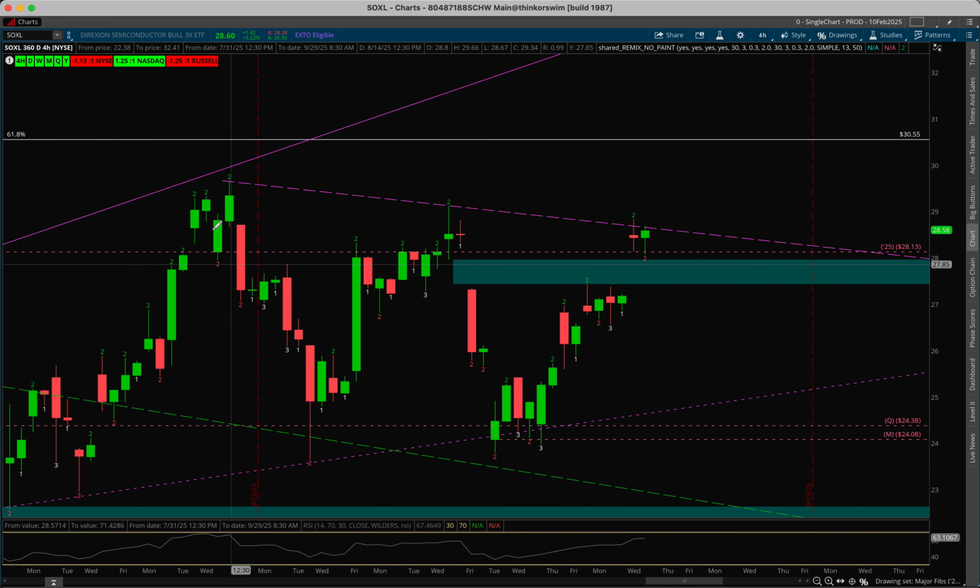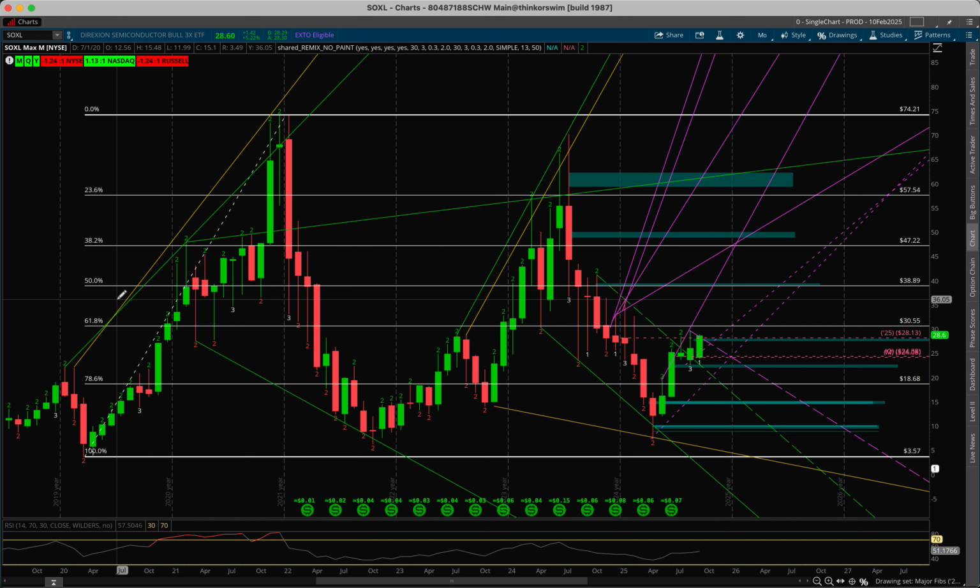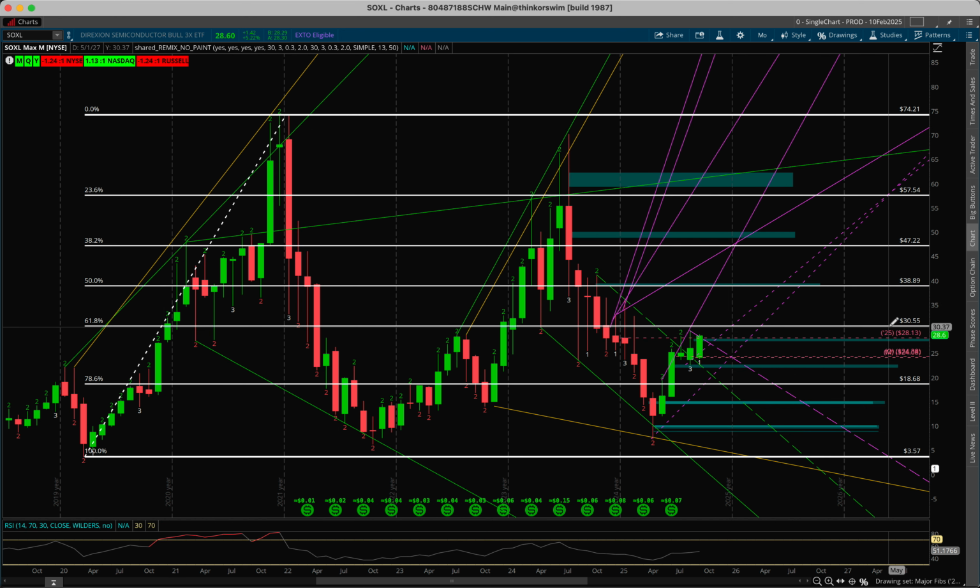If you're not new to this channel, this 30.55 is the 61.8 fib of the 2020 low to 2021 high, or all-time high. So if we look at that here, we've got the 2020 low, 2021 high, which is also the all-time high. We draw Fibonacci there, and we've got the 61.8 fib at 30.55. So that can be a very big rejection point.